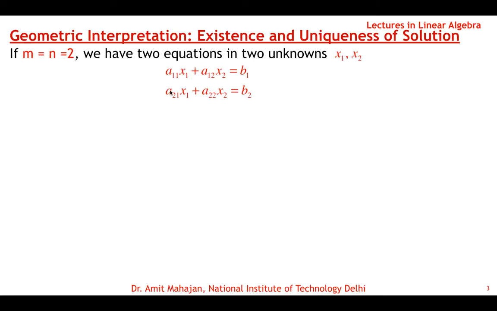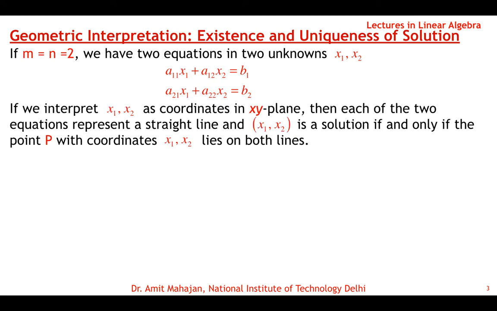Again a21, a22 and b2 are numbers, and x1, x2 are unknowns. We want to know whether the system is consistent or not, and if consistent, whether the solution will be unique or not.